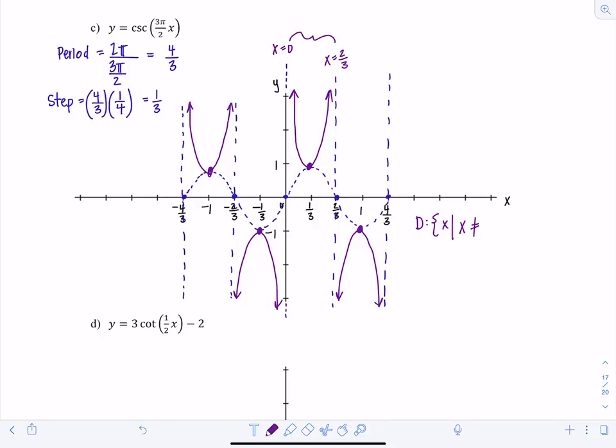So it takes 2/3 units, right, for it to repeat. And then again at x equals 4/3. So you keep adding or subtracting 2/3. So we say x cannot equal any multiple of 2/3 or 2/3 k, where k is an integer. Okay, and then for the range, the graph goes all the way down to -infinity up until -1.